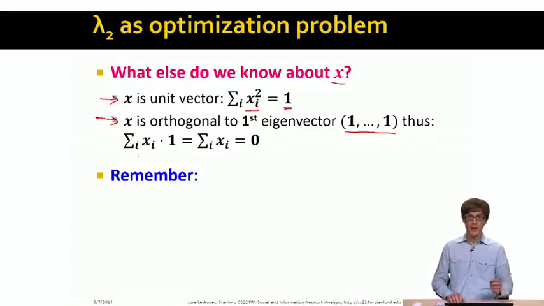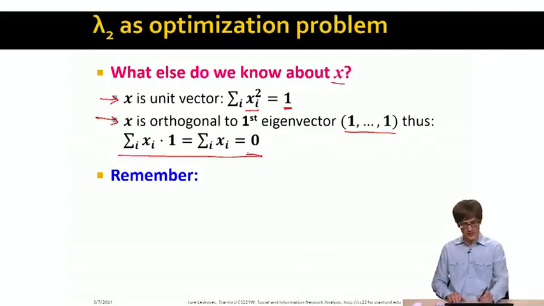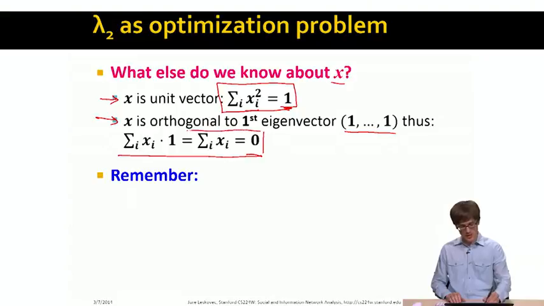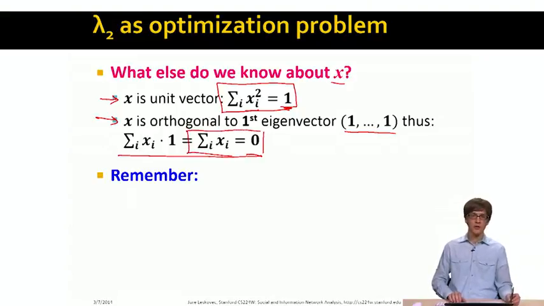Given that X is orthogonal to this vector of all ones, when I do a dot product of X with a vector of all ones, I should get 0. This means that the entries of X should sum up to 0. So now we have two things. First, the sum of the squares of the entries of X should equal 1, and the sum of the entries of X should equal 0.